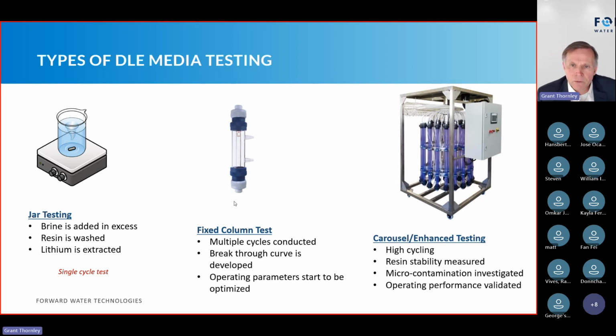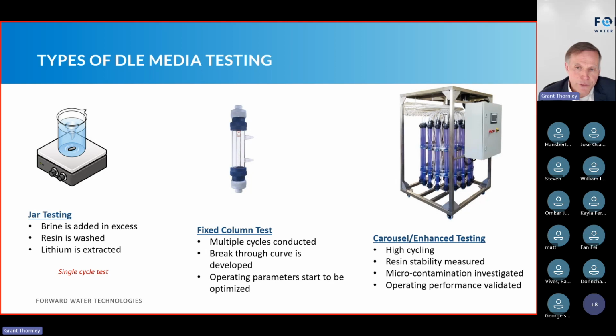There is one thing to consider when you're doing your cycles or your testing: there's a cycle time for absorption, there's a cycle time for the washing or rinsing of the resin, and there's a cycle time for desorption. When you add all those up, a fixed column might be 2 days of operation, or even longer, could be a week, depending on my flow rates and how I'm doing it.